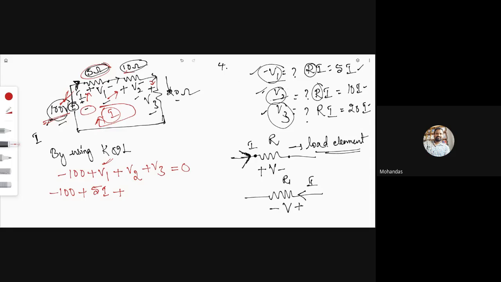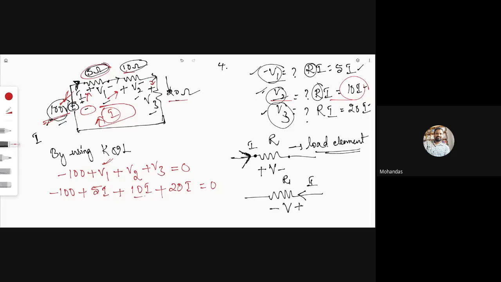V is IR. R is 10, I is the current. So 10 into I, plus what is V3? V3 is 20 into I, which is equal to 0.